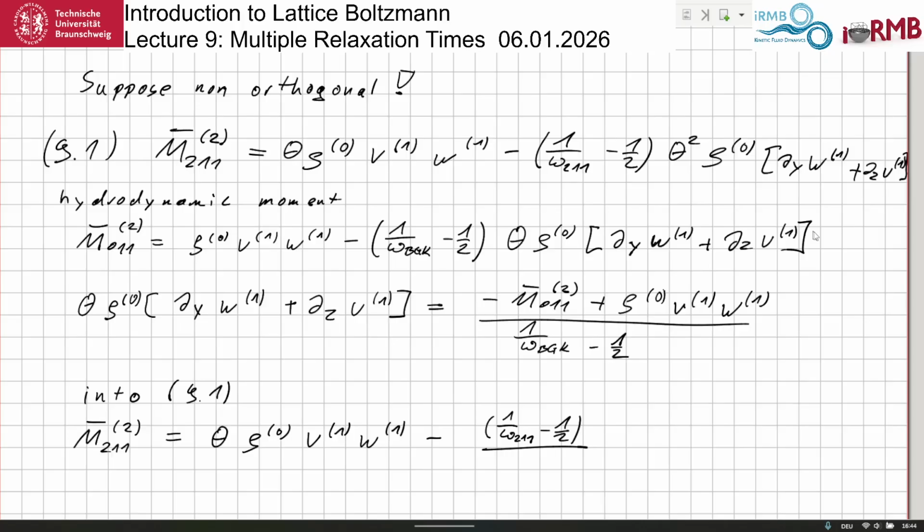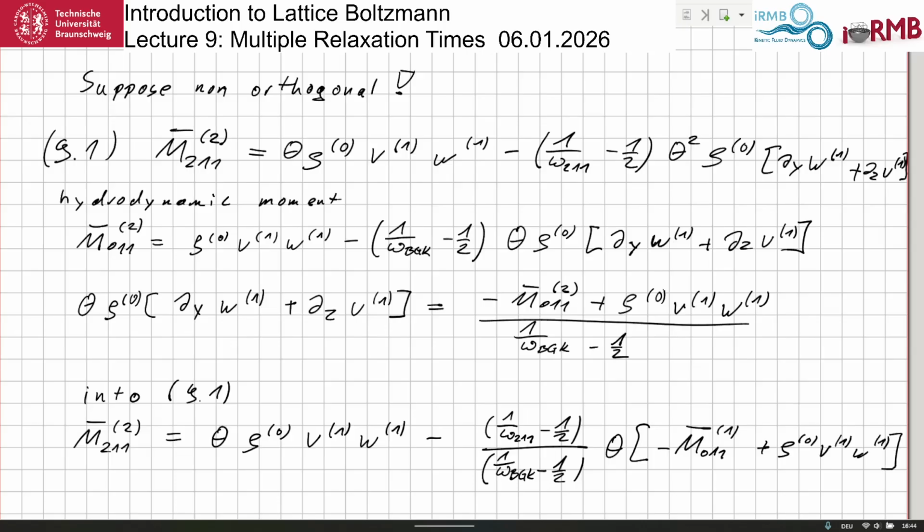We divide by 1 over omega BGK minus 1/2. And because there's one theta more, there's a theta left here. And we'll have minus M0 to first order plus rho to 0 order V to first order W to first order. Okay.